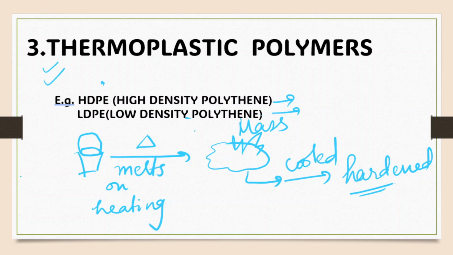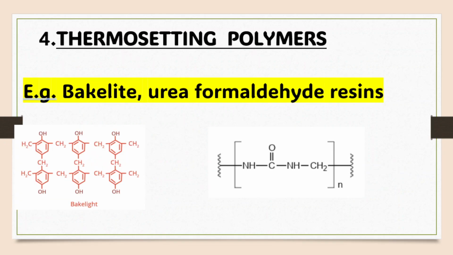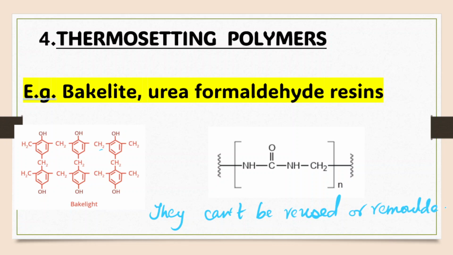Now we have to study about the thermosetting polymers. Thermosetting is a different type of polymer. In this thermosetting type of polymer, they cannot be reused or remolded after heating.